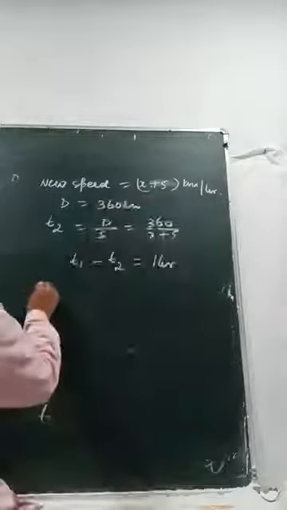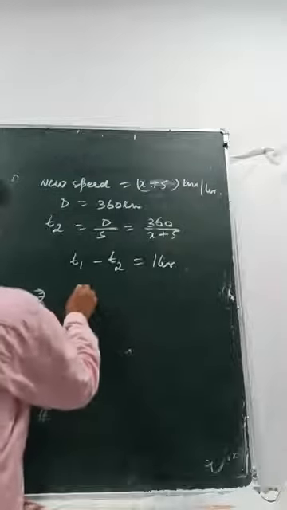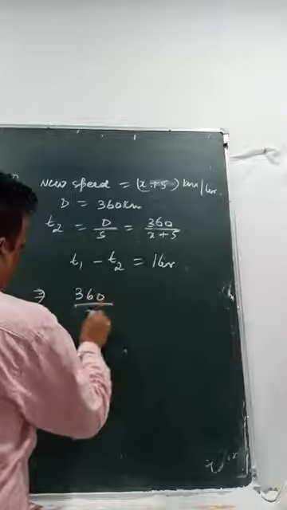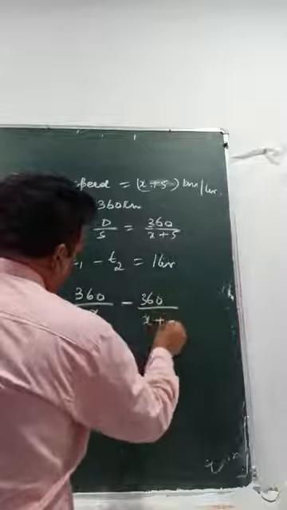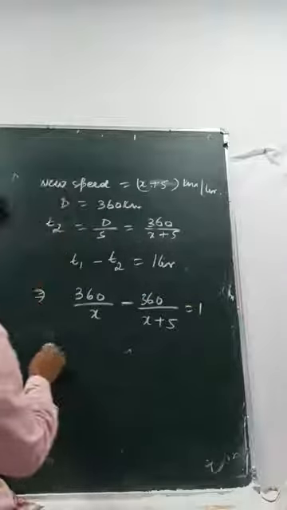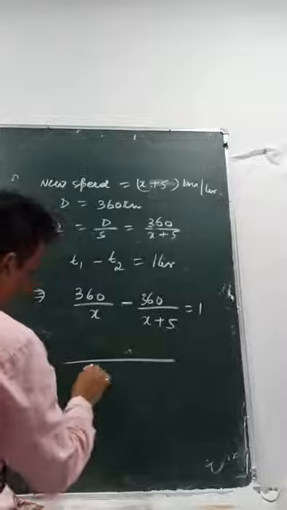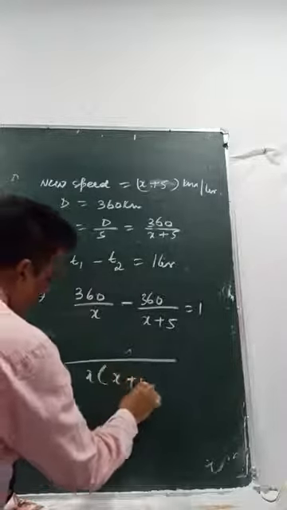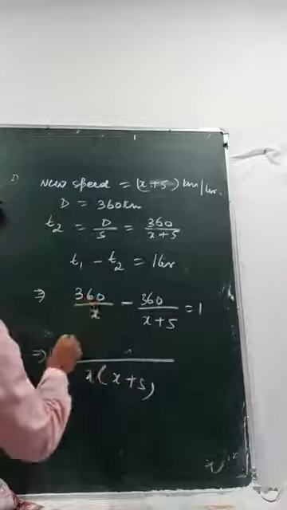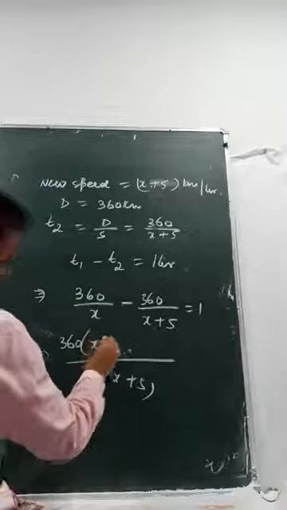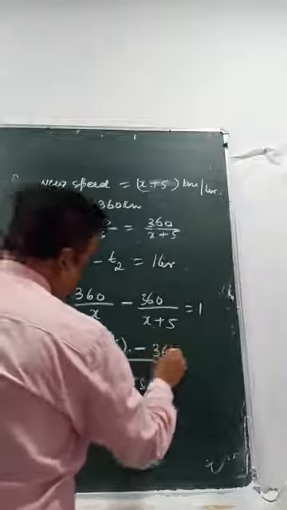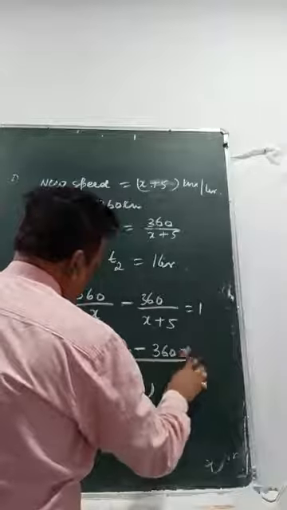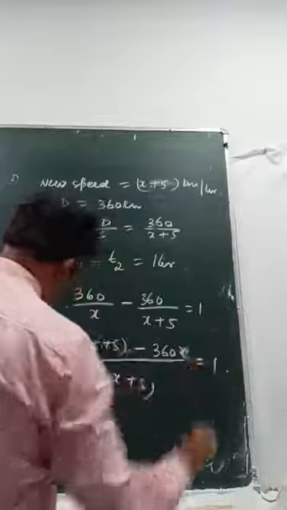So let's put the value. What do you get? 360 by x minus 360 by x plus 5 equals 1. Same method, take the LCM, x into x plus 5. This will be multiplied here, 360 times x plus 5, this will be multiplied here, 360x, equals 1.